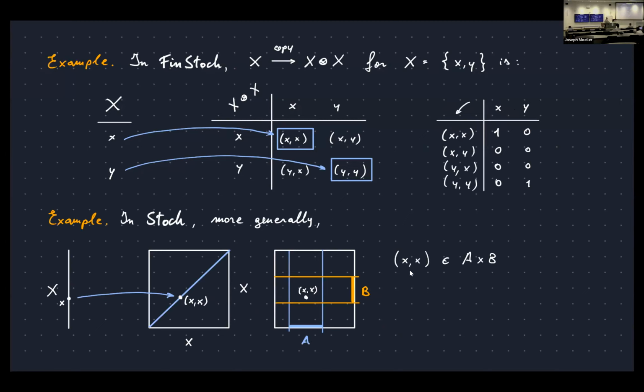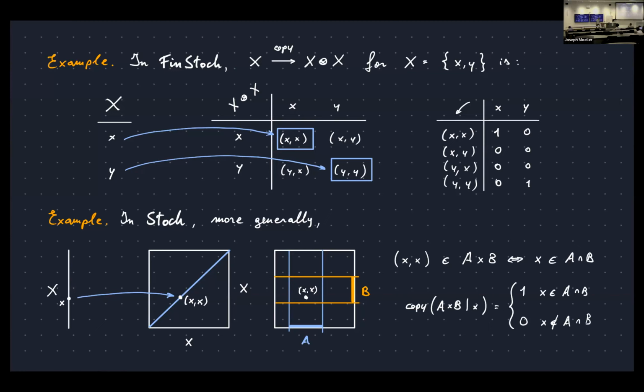Well, the pair x with the same x is in A times B if and only if x is in A, and x, the same x, is in B. So if x is in the intersection, in particular if the intersection is non-empty. And so this is the kernel. You can prove that's a well-defined Markov kernel, which is just the one, remember this functor from functions to kernels, that takes the function given by the diagonal embedding and gives you the kernel associated to it.